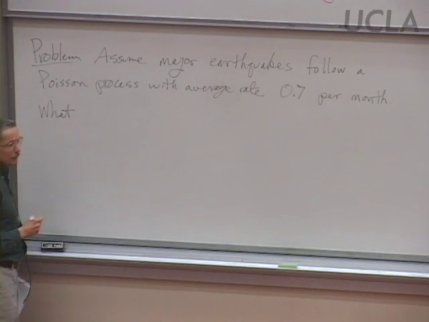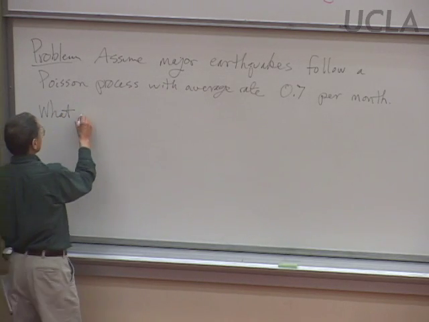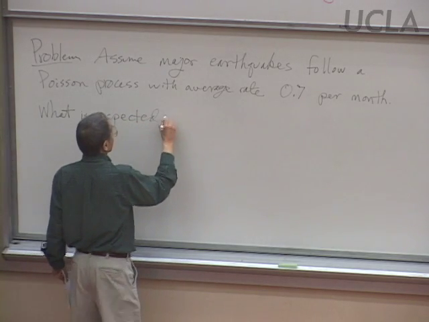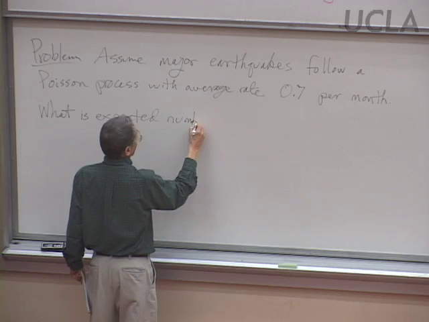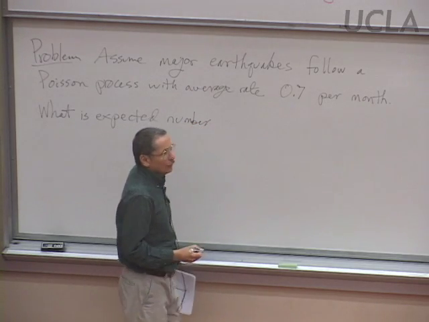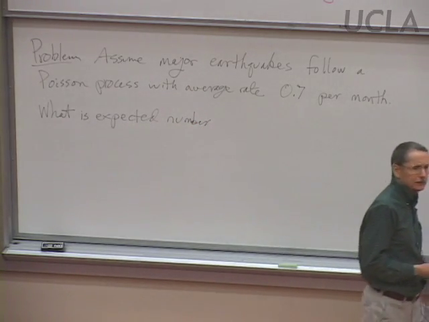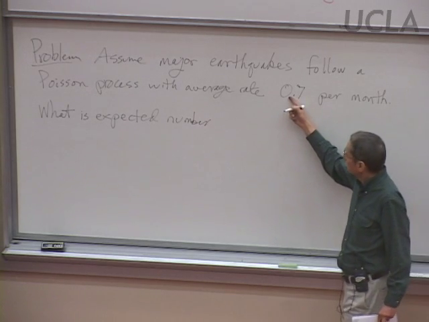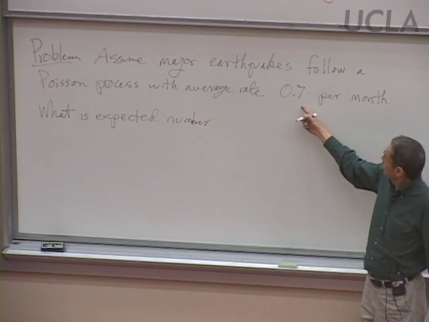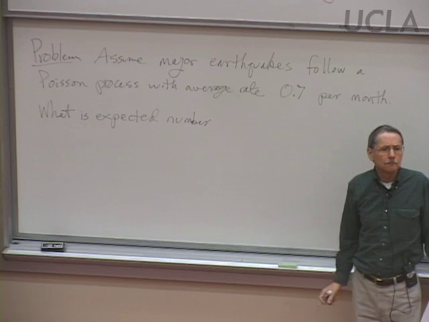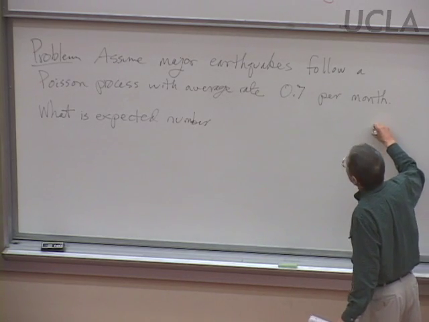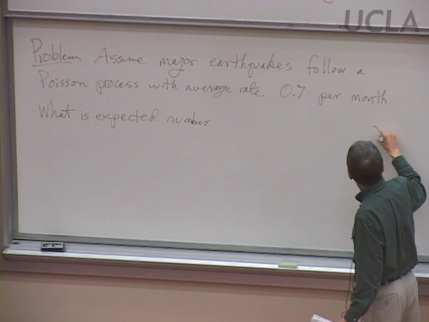And we ask, well, what about 2009? Well, the expected number of major earthquakes in 2009, the rate is 0.7 per month.